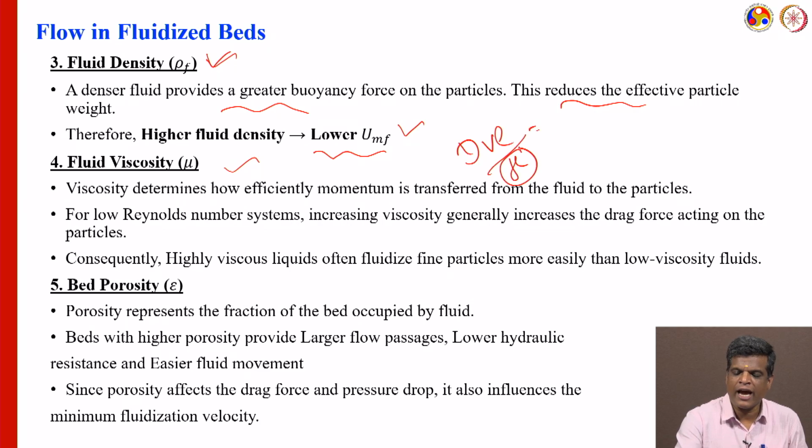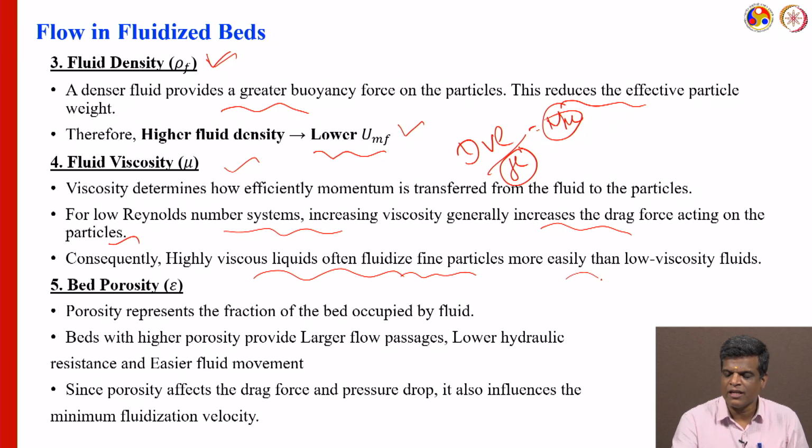If viscosity values are high, the Reynolds number decreases. For a low Reynolds number system, the increase in viscosity generally increases the drag force acting on the particle. So highly viscous liquids fluidize the particles more easily than low viscosity fluids.